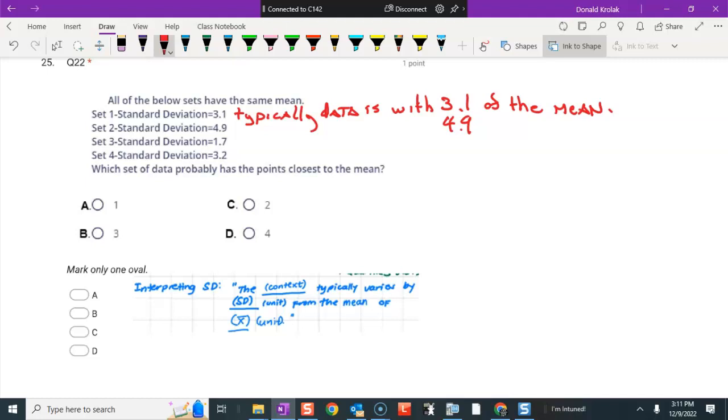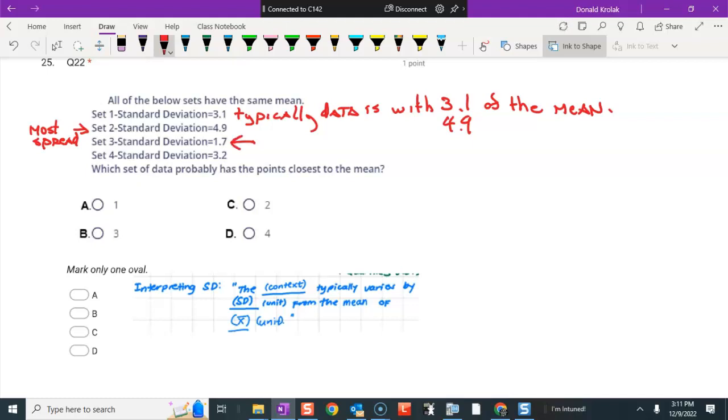So this has got the most spread right now. It's got the largest standard deviation. The smaller standard deviation is going to have the least spread, or the most data closest to the mean. So that's going to be 1.7.